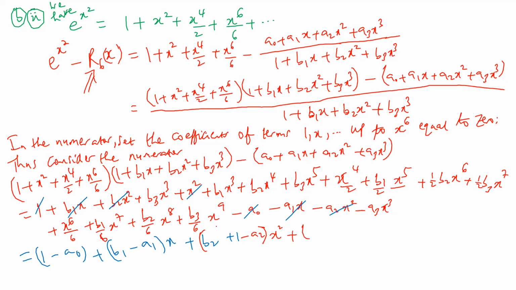Right, so now in view of the cubics, you have b3 plus b1, and then you have the b1 there.